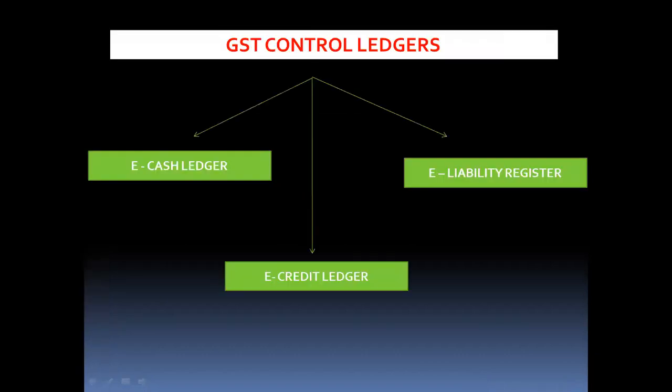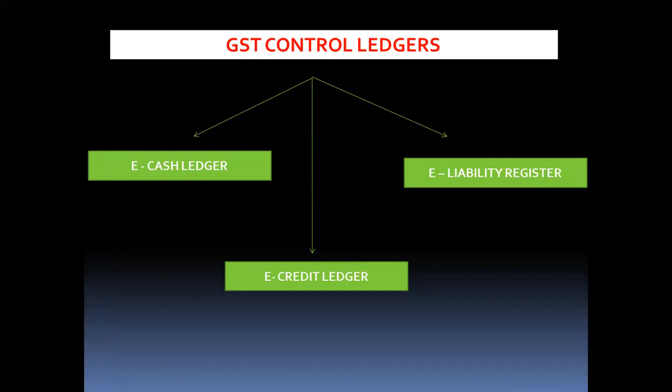Well, the GST portal maintains three ledgers, that is electronic liability register, electronic cash ledger and electronic credit ledger. E-cash ledger reflects any deposit, payment and refund of any tax, interest, penalty, late fee under IGST, CGST and SGST.